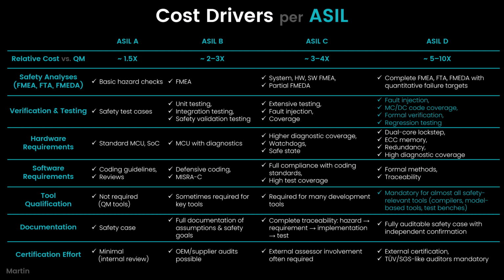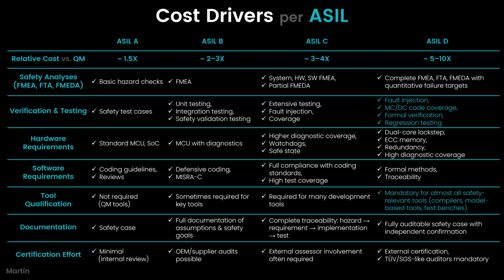As ASIL levels increase, costs rise due to more stringent development processes, for example, stricter coding guidelines, traceability, and tool qualification. Verification and validation activities, such as extended testing, fault injection, and coverage analysis, and the addition of safety mechanisms, redundancy, monitoring, diagnostics.